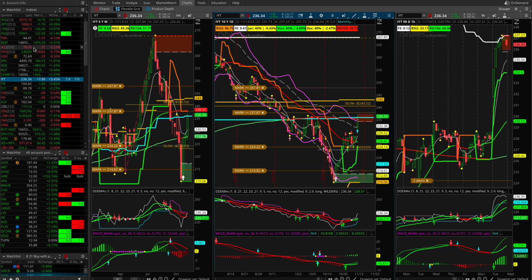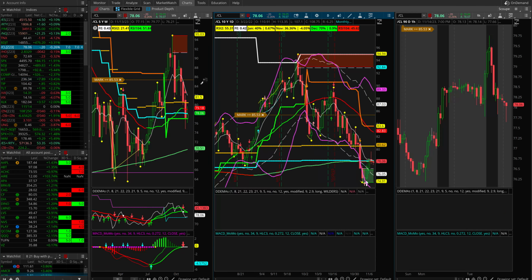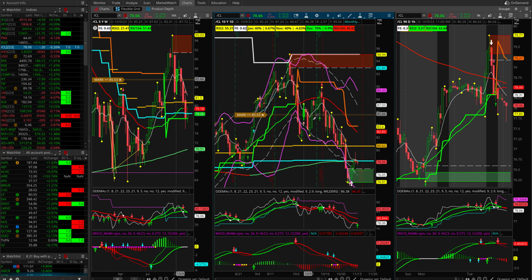And then oil. Come on oil. I thought I practiced this. There we go. Oil's coming up off the bottom. The question is are we going to come back to the mean, or are we going to roll over and go a little bit lower from here? Based on the weekly chart over here, we'll see how this ATR trail line holds for the end of the week.